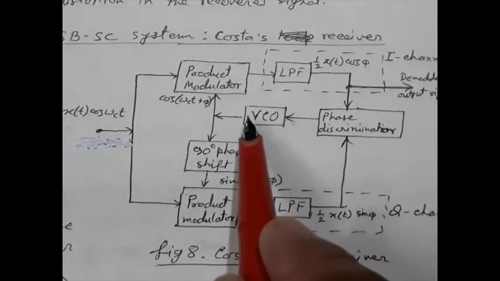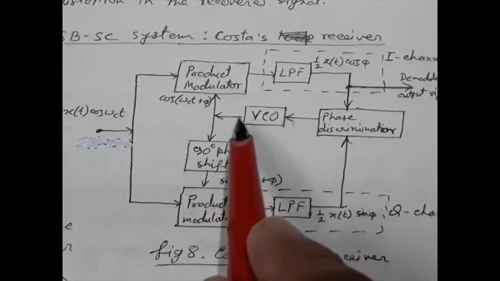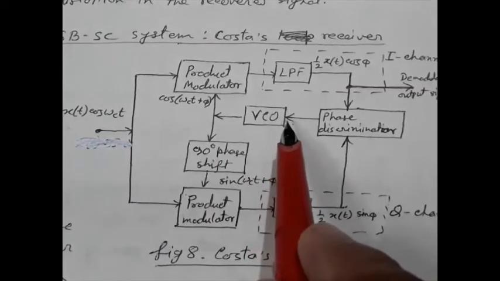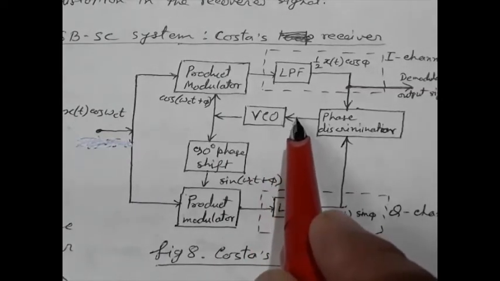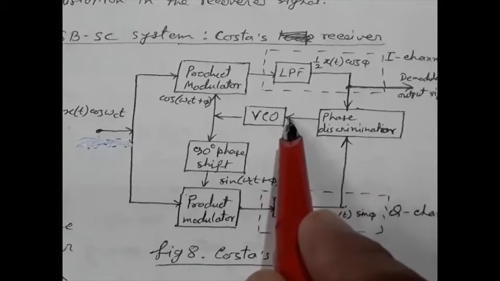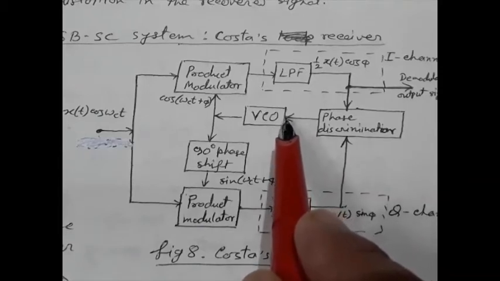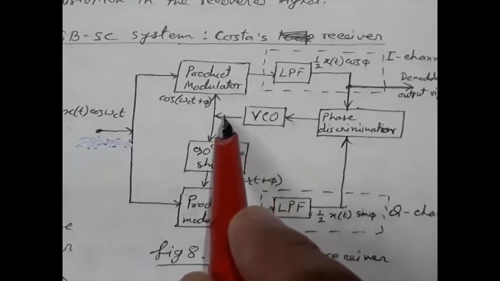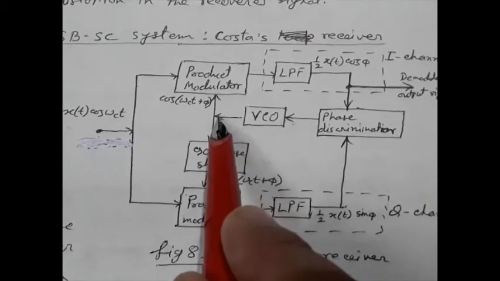Voltage controlled oscillator means the output frequency of this oscillator is dependent on the input voltage. That means if the input voltage increases from some nominal value, then the local oscillator frequency will increase from its nominal value.